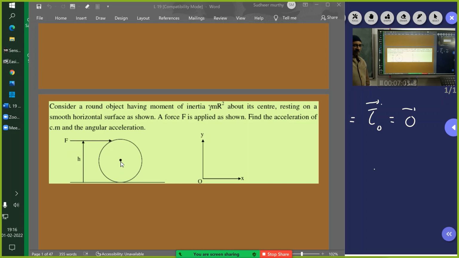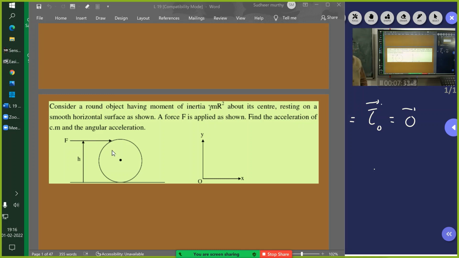It will be the same. His question is, if you apply force here, you get some translational acceleration. Supposing you change this force from here to here, then also it will be the same, provided the direction has not changed. But the angular acceleration will depend upon the point of application of force.